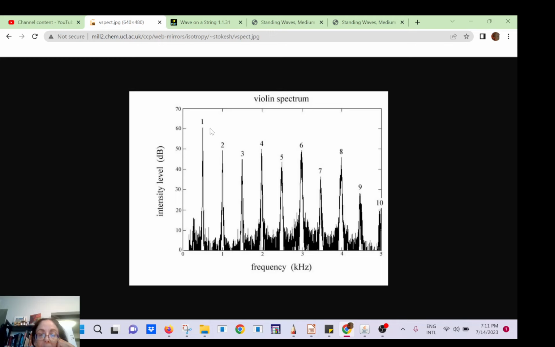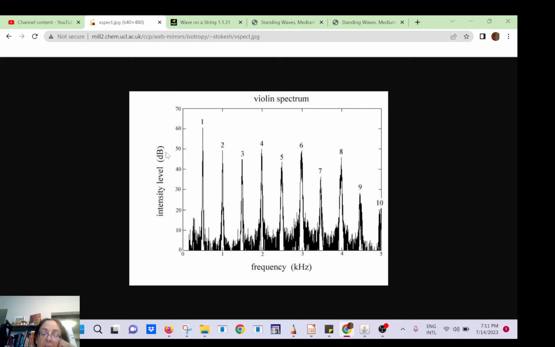The first one is 497 hertz, which is the note B. The second one will be twice that much, the third one will be three times the first, the fourth one will be four times the first, and so on. But the pitch is just the fundamental, just this one. This is the amplitude, and the unit is decibel.